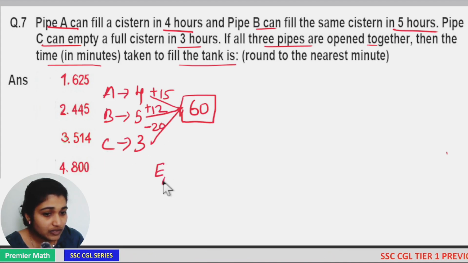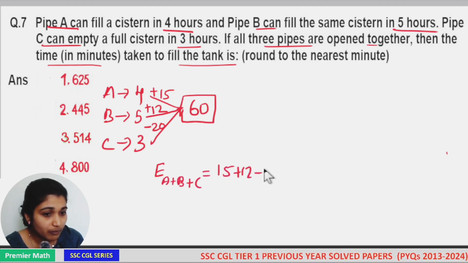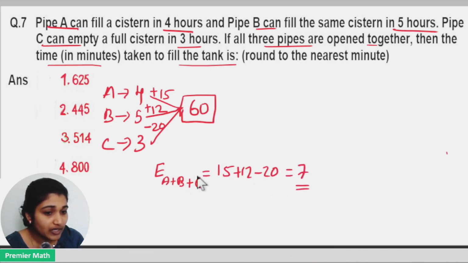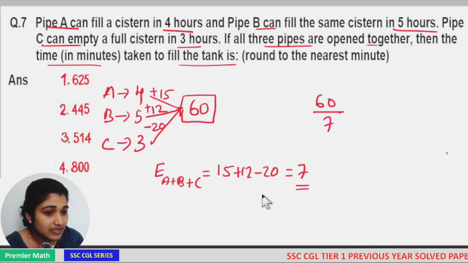Then the efficiency of A, B, C together is equal to 15 plus 12 minus 20, which is equal to minus 5 plus 12, which is plus 7. That is, in 1 hour, A, B, C together fill 7 units. Then 60 units are filled in 60 by 7 hours.